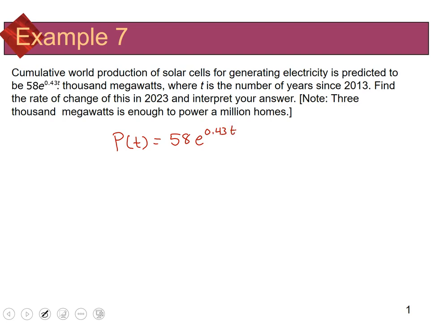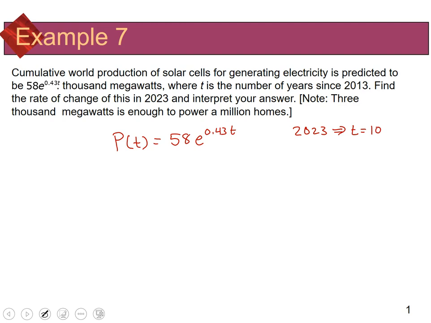Now, looking for a rate of change, I also want to keep in mind that the year 2023 indicates that t is going to equal 10 when we're getting ready to use it.